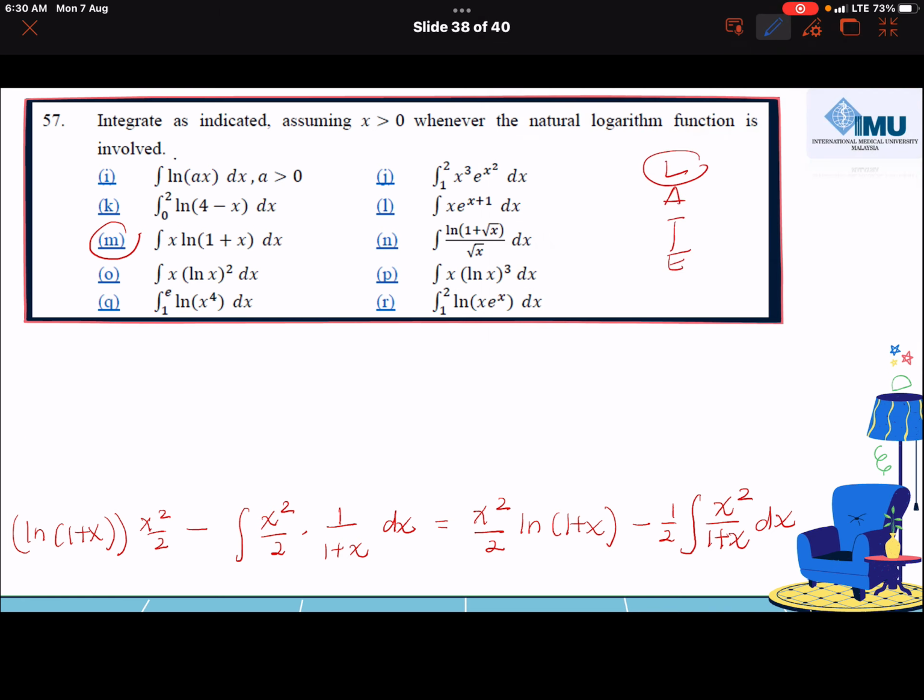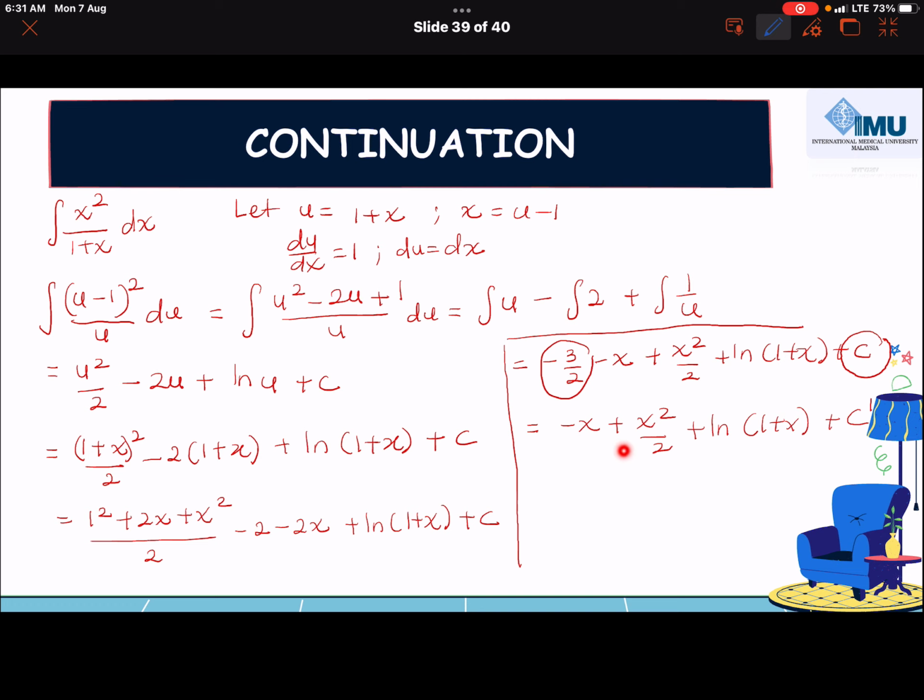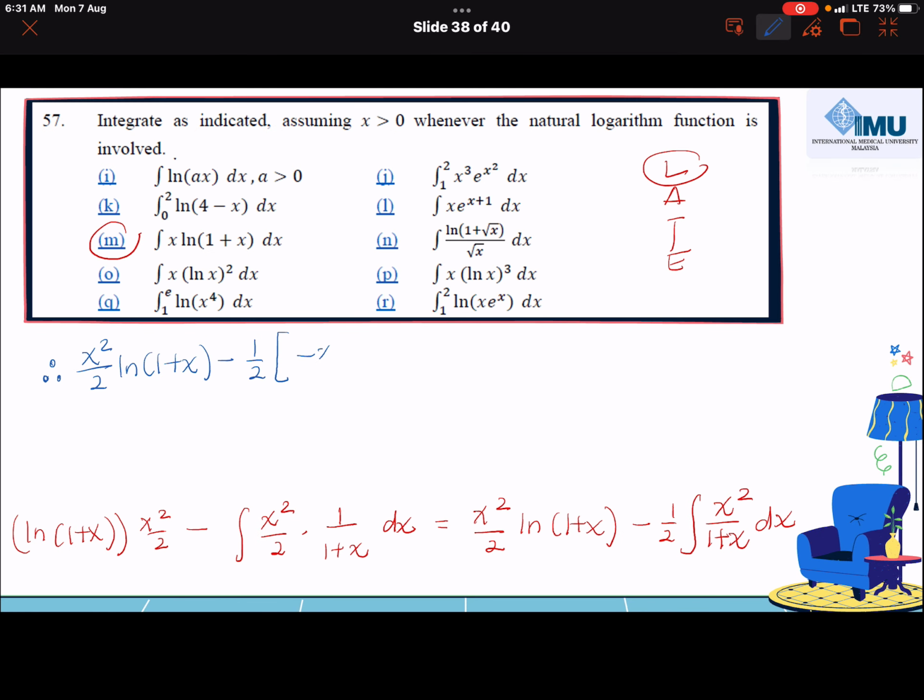In the case of here, I have x squared over 2 ln(1 + x) minus 1 over 2, the whole thing, which is the solution that we obtained previously, negative x plus x squared over 2 plus ln(1 + x), and the whole thing plus c. If you want to simplify further, you can proceed. That's all for question 57.